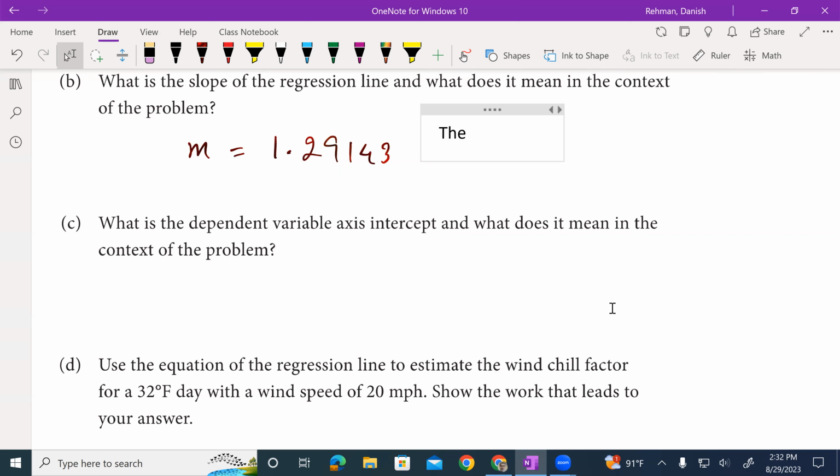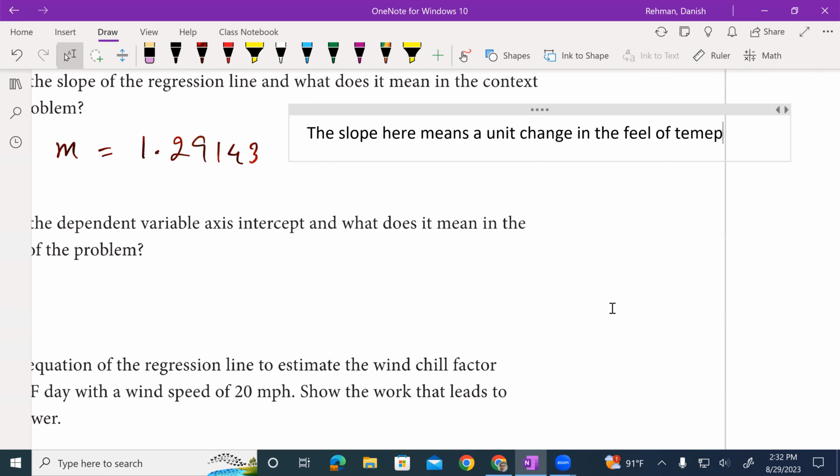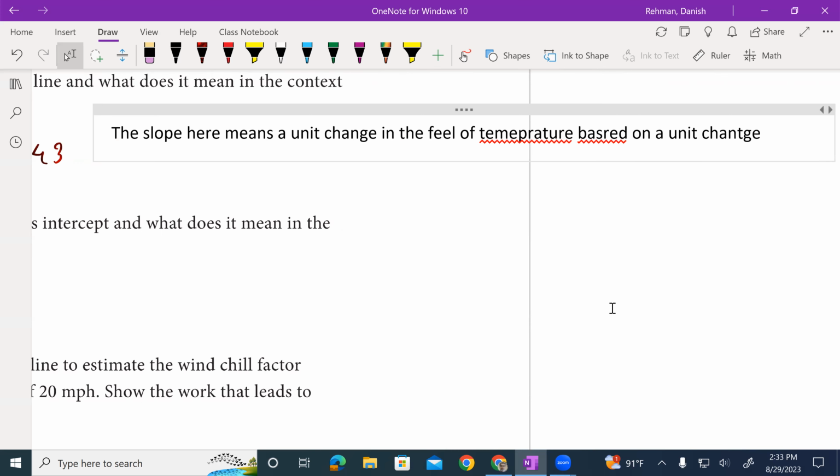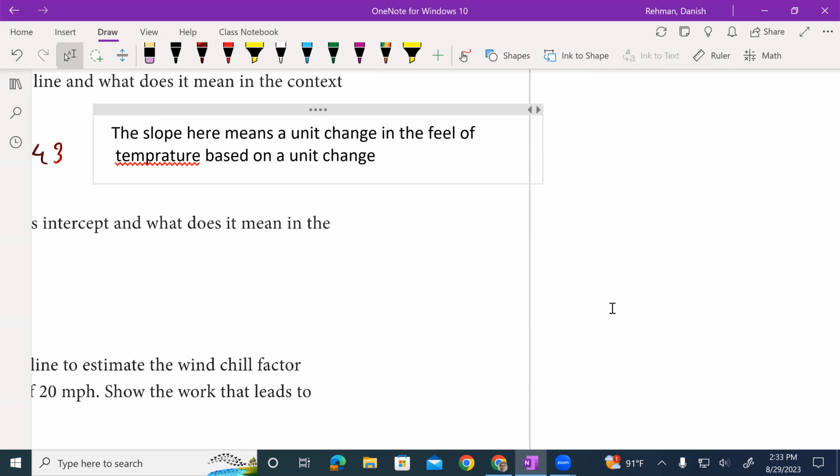Now, the slope here means a unit change in the field temperature based on a unit change. I know it's going bad, but I will fix the change, here. I'm fixing this also over here now. Temperature fixed. Here, better.